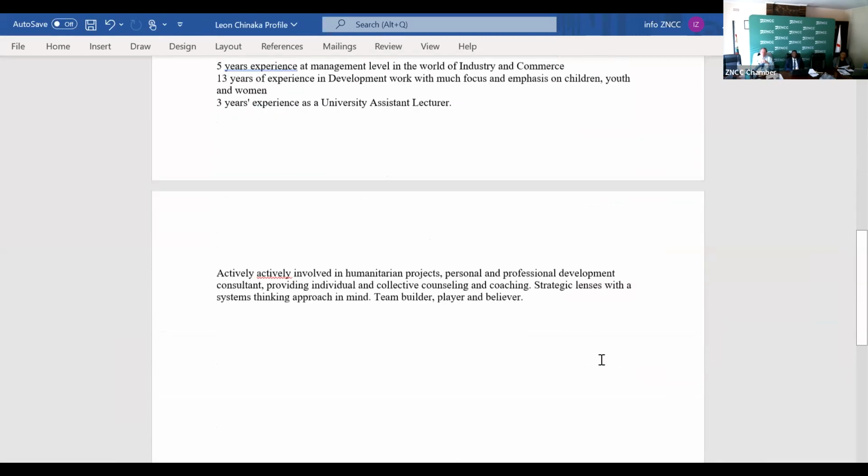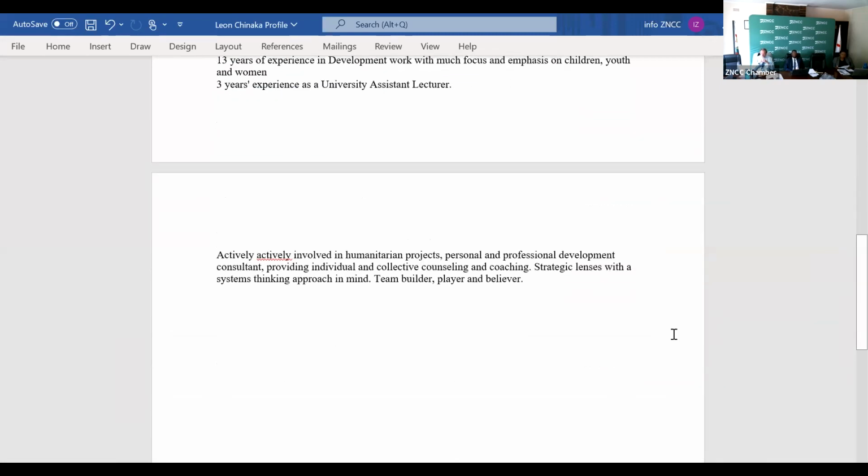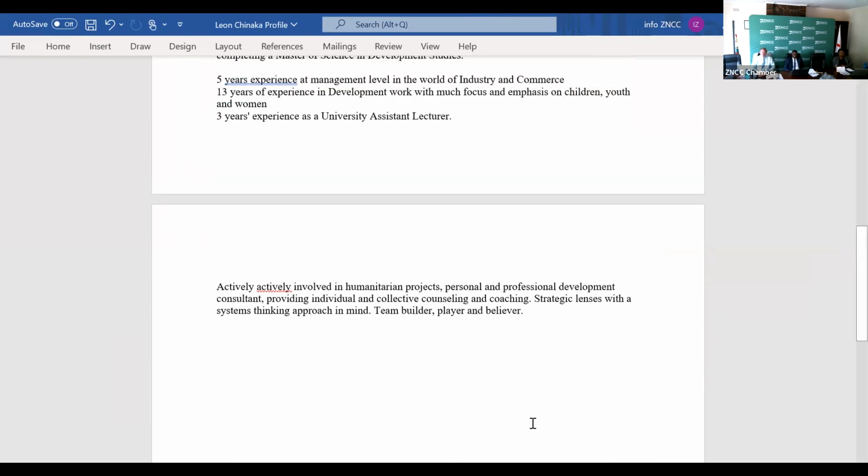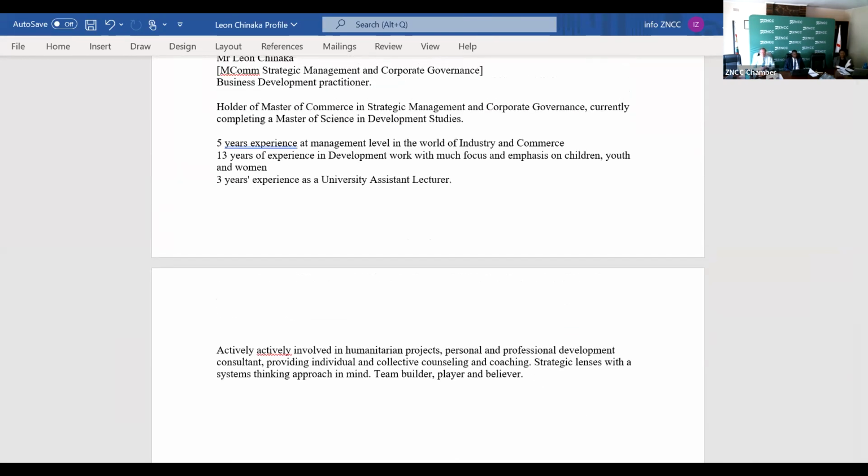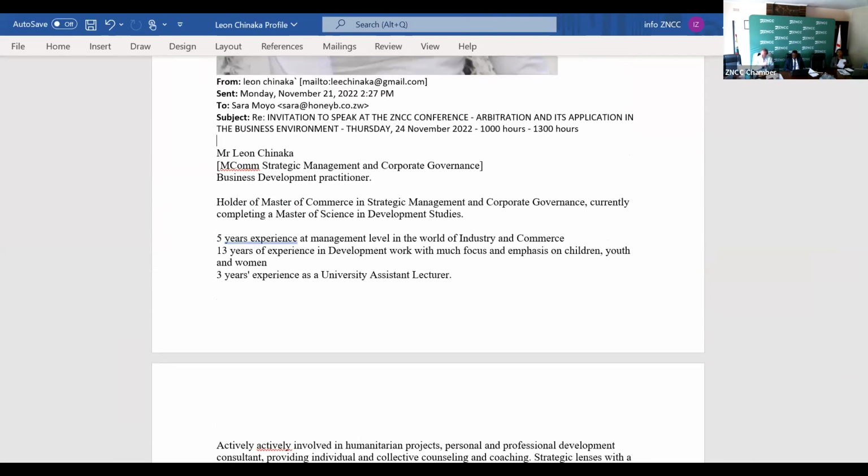You're actively involved in humanitarian projects, personal and professional development consultancy, whilst providing individual and collective counseling and coaching. Strategic lenses with a systems thinking approach in mind. You're a team builder, player, and believer. So once again, thank you very much, Leon, for the presentation.